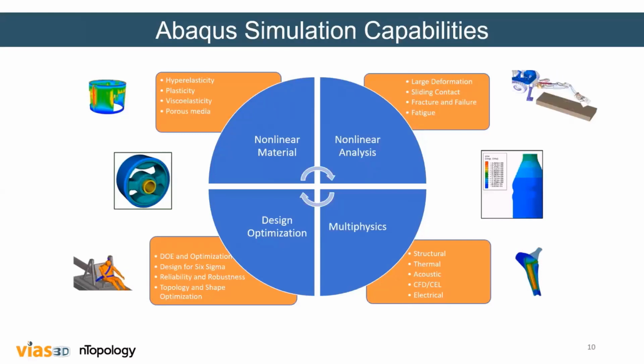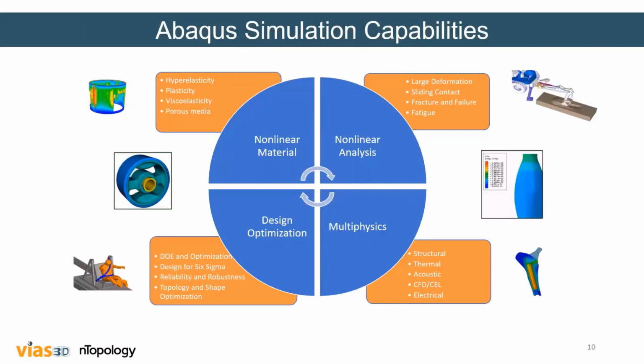Nonlinearity can come from large deformation, contacts, fatigue and fracture, which is kind of a singularity problem, like a surface being split into two halves and all this. Those are very well captured using Abaqus.